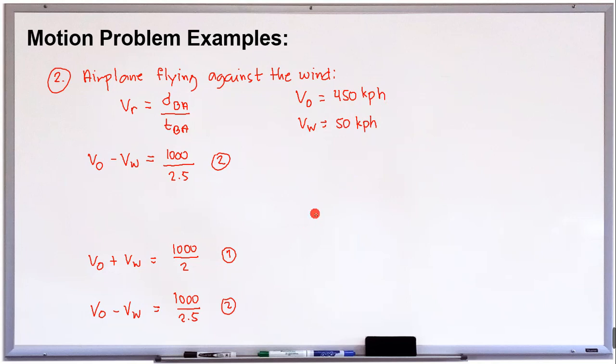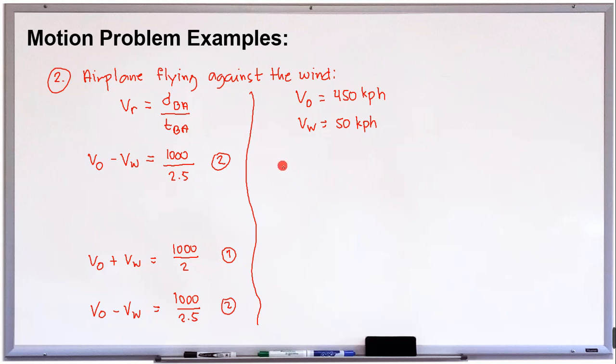Okay, now we can also solve this one by manual solution. So we can solve for VO in equation 1 in terms of the constant and the wind velocity, and then we're going to substitute this to VO in the second equation, so that what's left is only an equation that contains the VW alone.